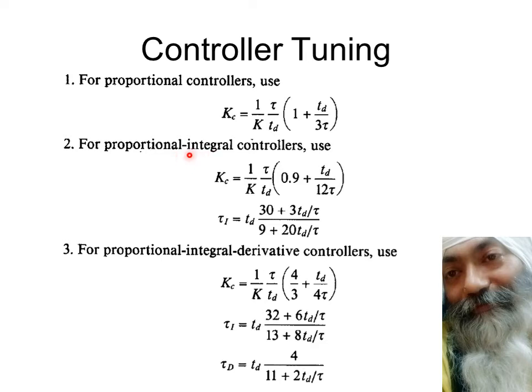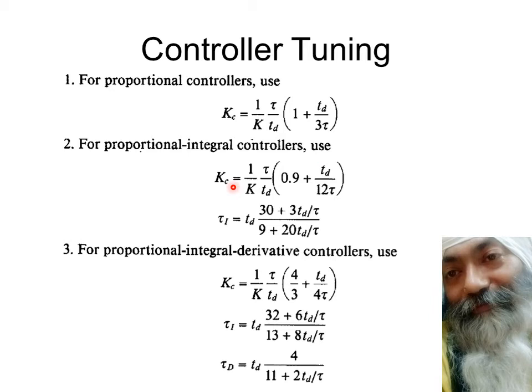This oscillatory system can become unstable. Therefore, the value of Kc needs to be decreased. That is why you see 0.9 instead of 1. It means the value of Kc has decreased. Similarly, instead of 1 plus td upon 3 tau, you have td upon 12 tau, which further decreases the value of Kc. This is the point we have noted over here.